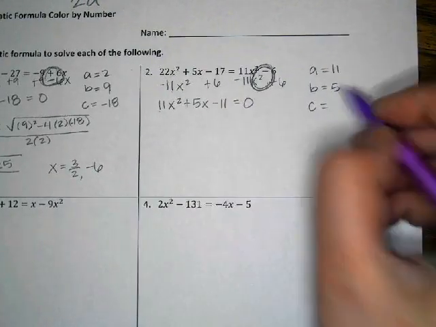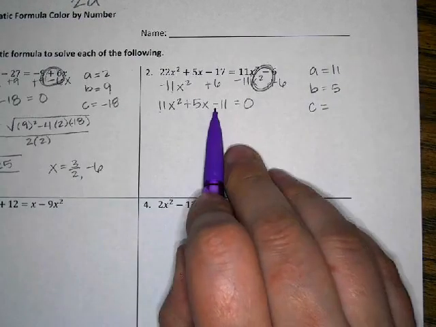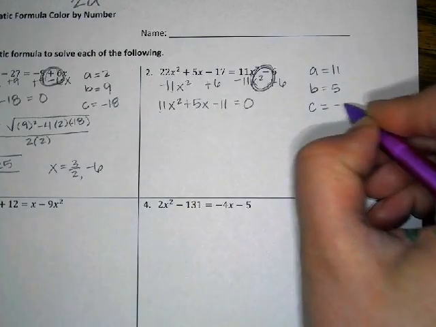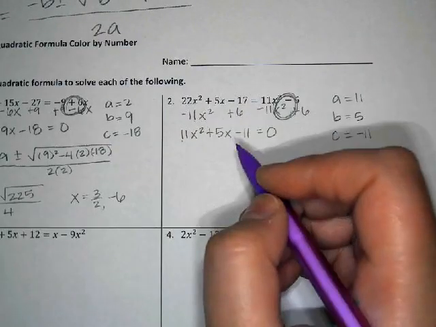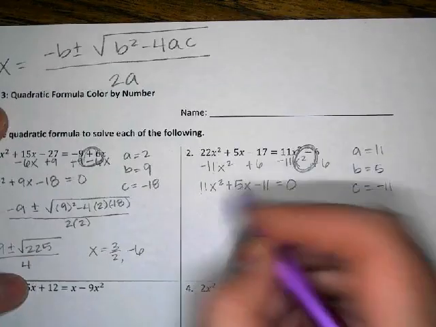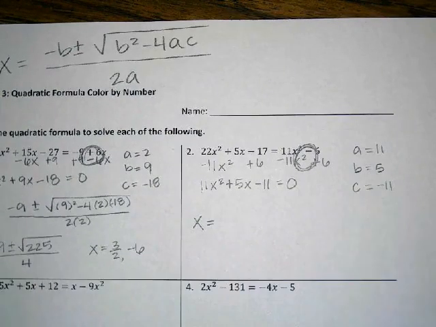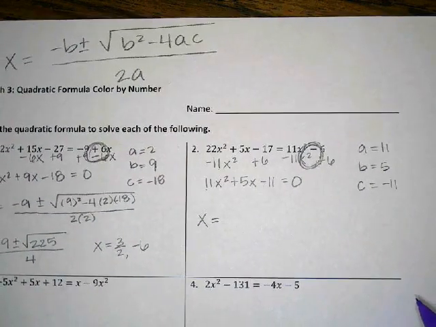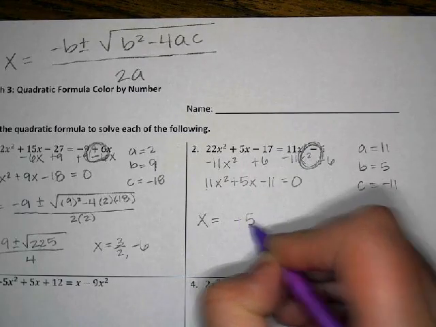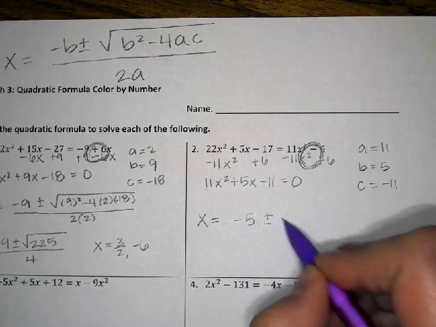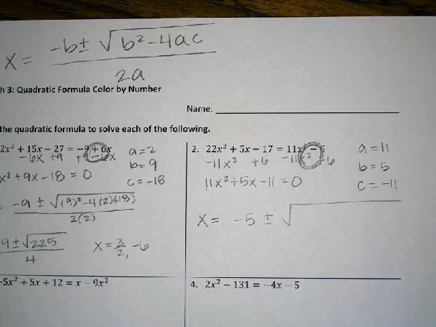All right, and then let's write out what we have. So what should our formula be? Zion, what did you say to start with? 5 squared.